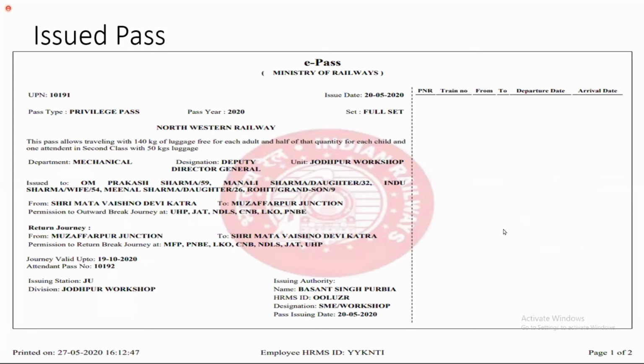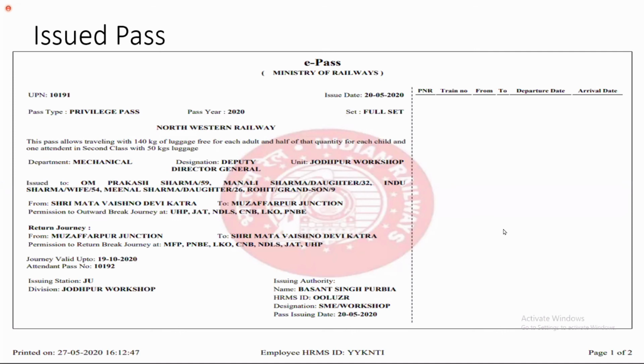After the pass is issued, the pass appears like this, along with all the details. Suppose you want to go to the counter, then you need to take a printout. If you are not going to the counter, it is not required, and you can always store it in soft form. Once a reservation is done, all the details of the PNR number and the train number reserved on that particular pass are reflected on the right portion.